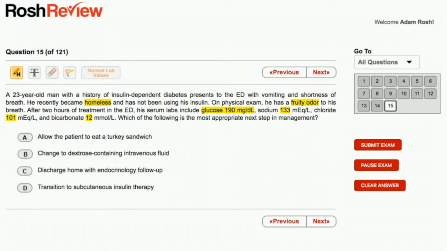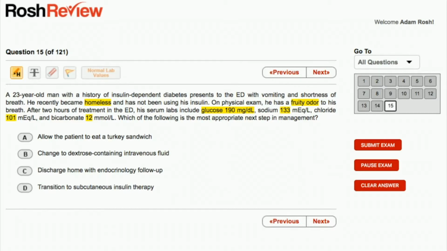So first of all, let's look at our answer choices. Answer choice A, allow the patient to eat a turkey sandwich. Well, clinically speaking, sometimes when diabetic patients have hypoglycemia and they still have a normal mental status, giving food is really the best thing you could do.